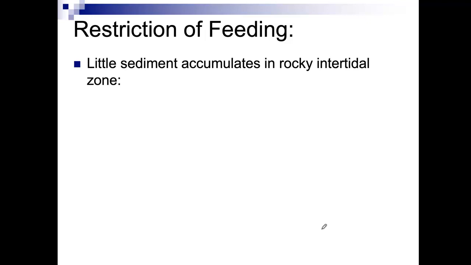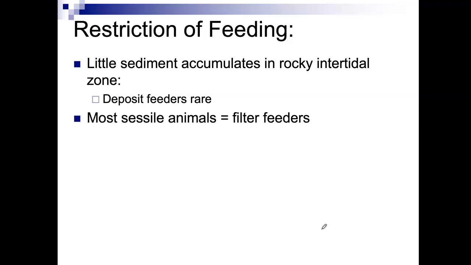Many of them have restrictions in terms of the amount of time that they can feed. So again, if you are talking about your rocky shore communities, little sediment can accumulate there. So deposit feeders are really rare here because there's no sediment and no deposits for you to feed on, right? So you don't see deposit feeders here.